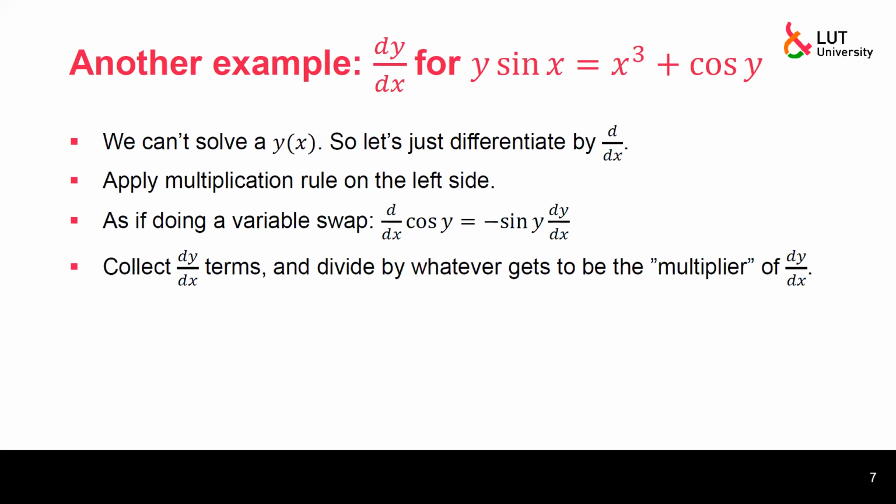The left side goes with the multiplication rule. I actually need to write this example open. Last year I was really in a hurry with this. So on the left side, the derivative of y is dy/dx.